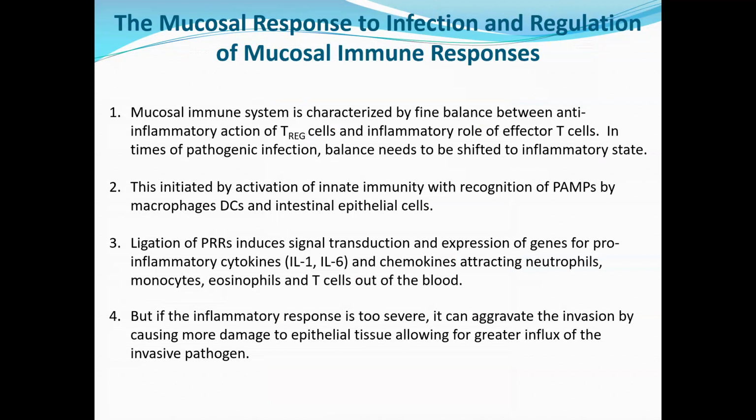So again, the important point then is that the immune system of the mucosal barriers, and in particular the gut, needs to be able to discriminate between what is pathogenic and should be dealt with through an inflammatory response and what should be tolerized to.